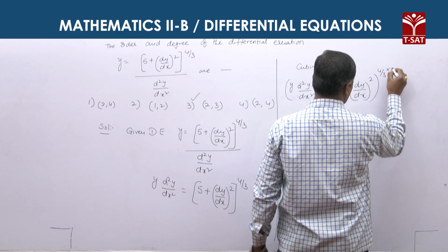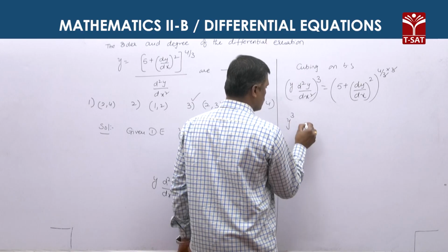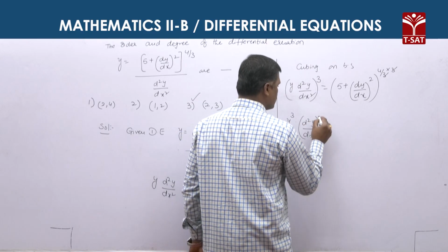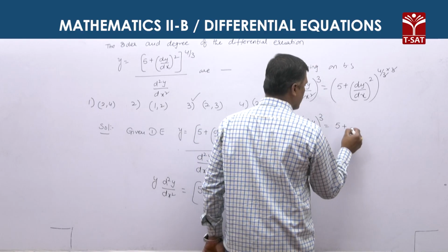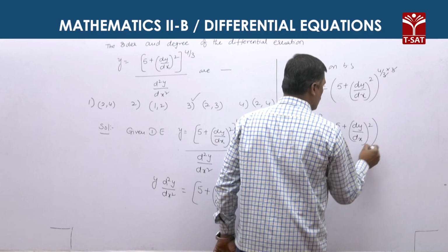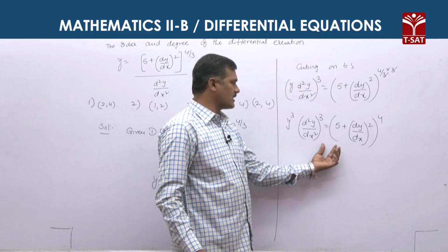The cubing, 3 will go, then y cube into d square y by dx square whole cube on the left side is equal to 5 plus dy by dx whole square whole power 4. So it is free from fractions.